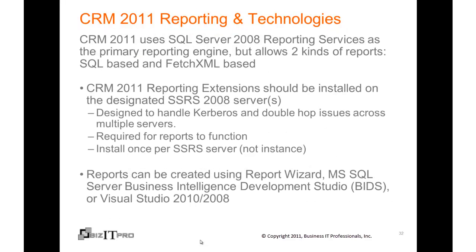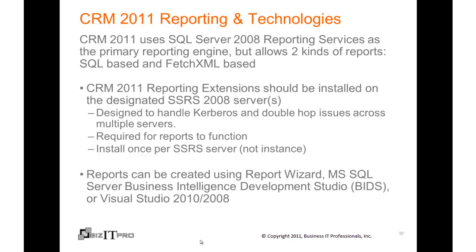CRM 2011 Reporting and Technologies. CRM 2011 uses SQL Server Reporting Services as the primary reporting engine, but allows two kinds of reports, either SQL-based or Fetch XML-based. CRM 2011 reporting extensions should be installed on the designated SSRS 2008 server or servers.